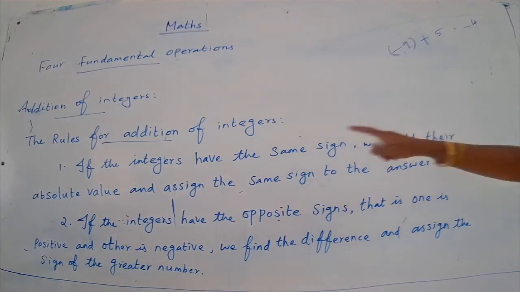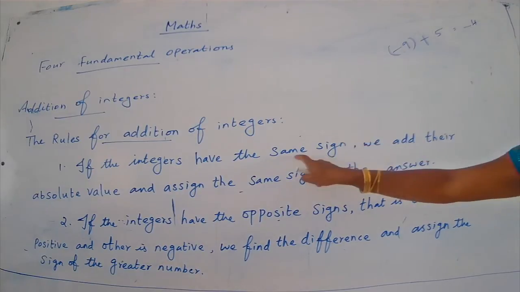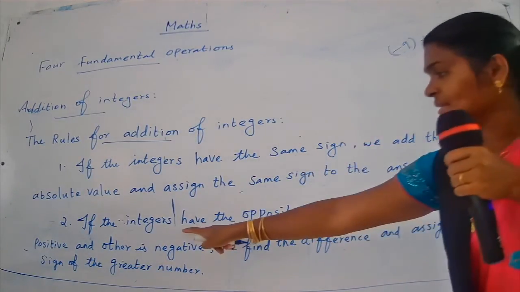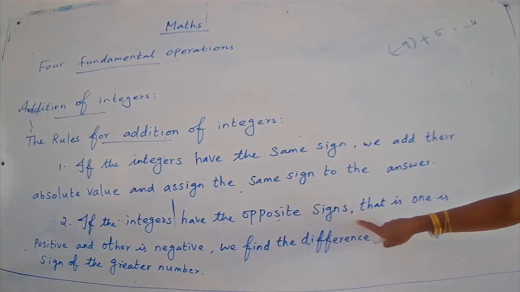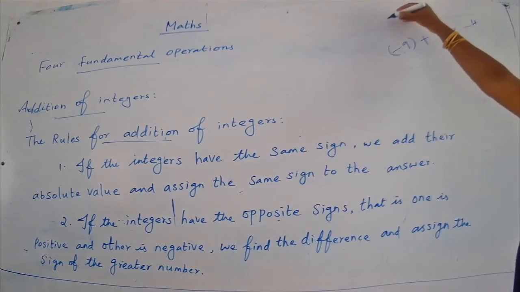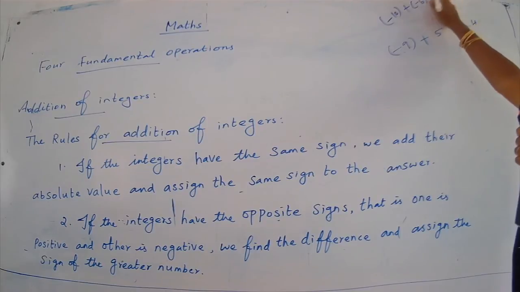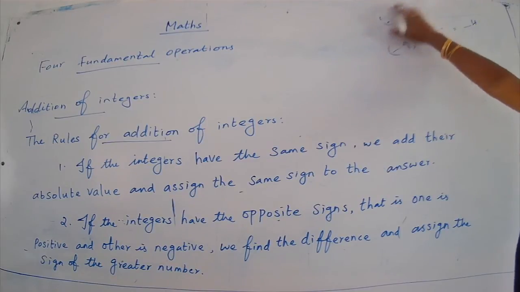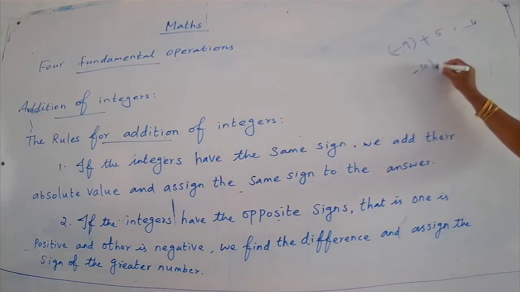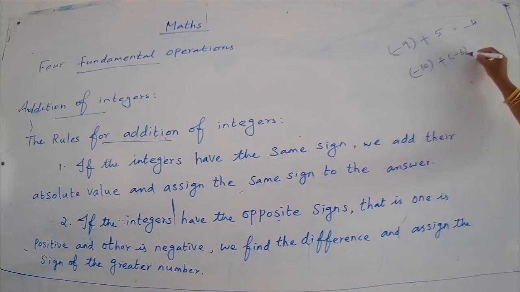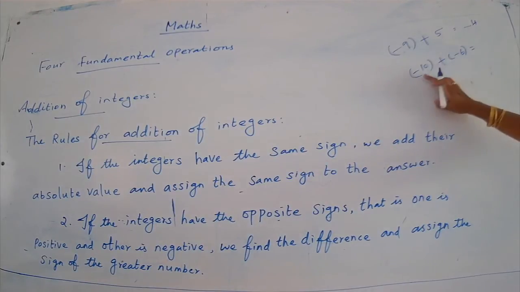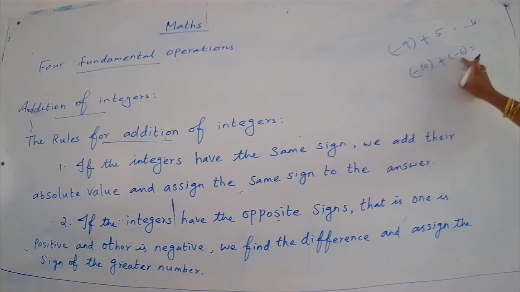First one is, if the integers have the same sign, and another one is, if the integers have the opposite sign. Same sign means minus 10 plus minus 6. Both are minus, so we add the absolute value.